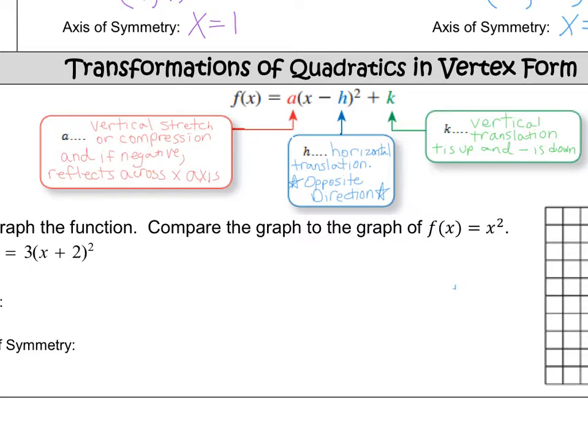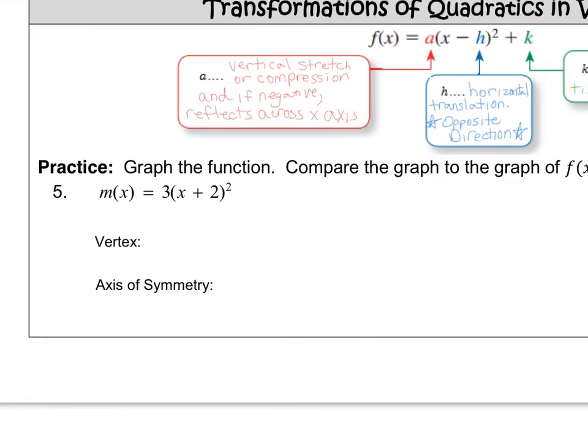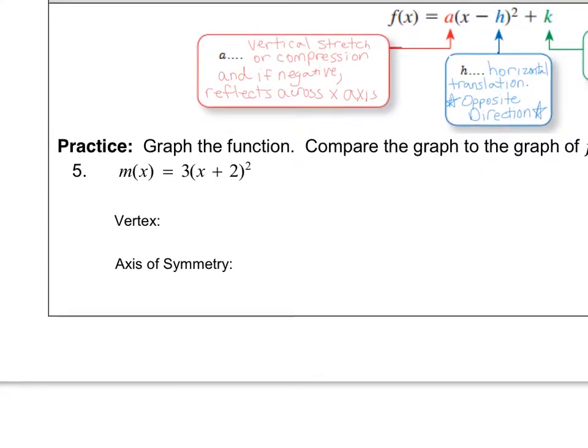Okay, so now we're going to graph this function, and we're going to describe the transformation from the parent function. So let's start by graphing it. The first thing we need to know, if we're going to graph this, is what is the vertex.